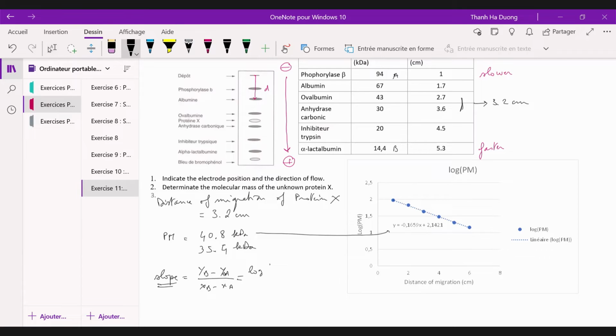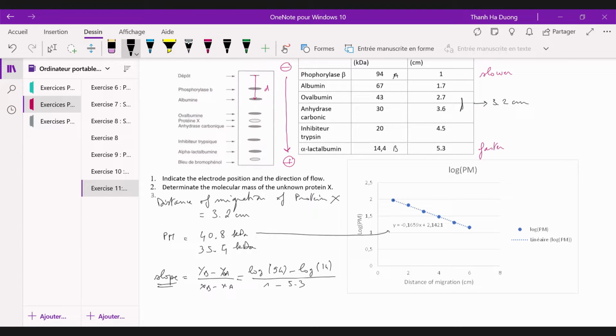So for the slope here, you put 2 points. You put the logarithm, for example, of phosphorylase b and alpha-lactalbumin over the distance, so 1 minus 5.3.